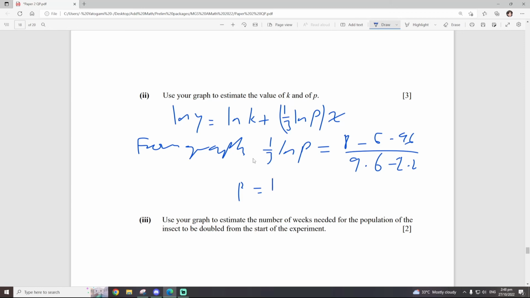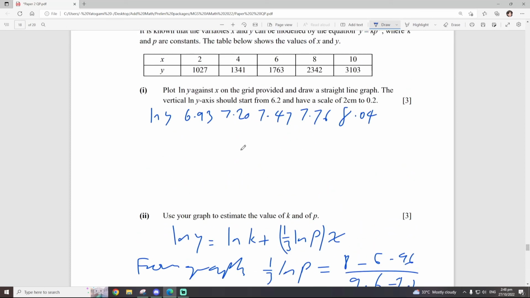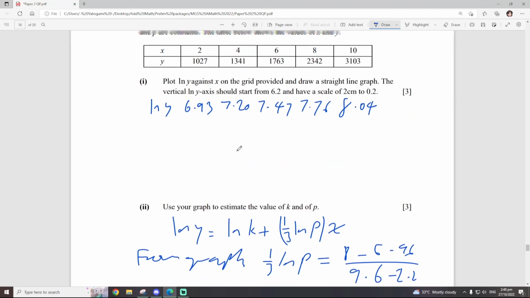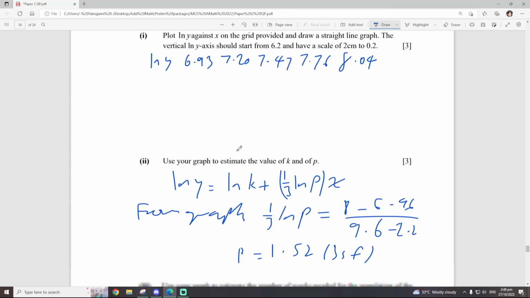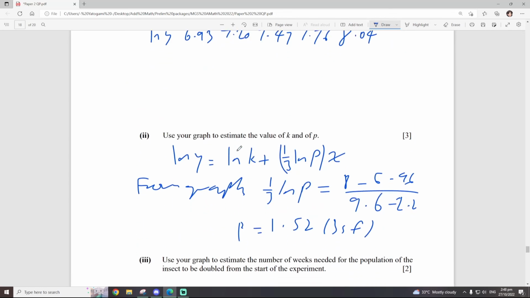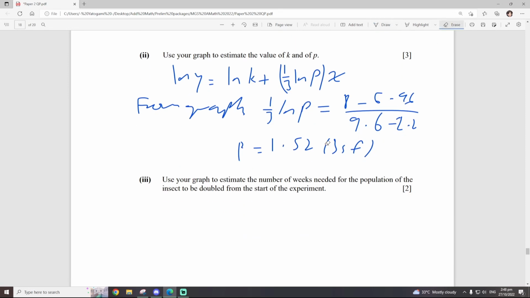You get p equals 1.52 to 3SF. And then you can also find what is k. I'll write down what I got, 1.5244, but your answer might differ.